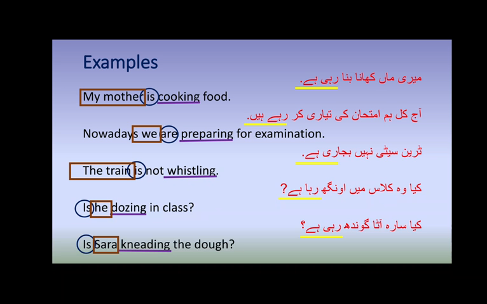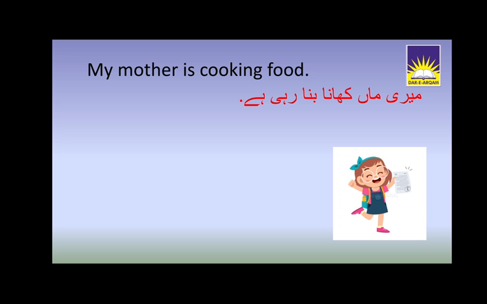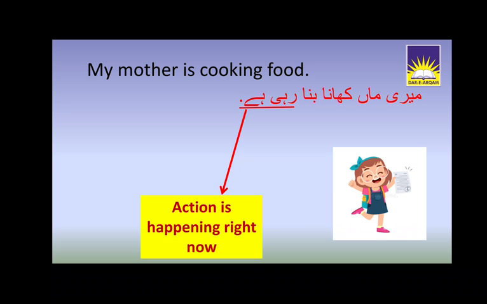Okay, let's move to the breakdown of one example. My mother is cooking food. मेरी माँ खाना बना रही है. रही है will show that the action is happening right now, which means in present. Okay, let's further break down the example. My mother in this example is a subject.